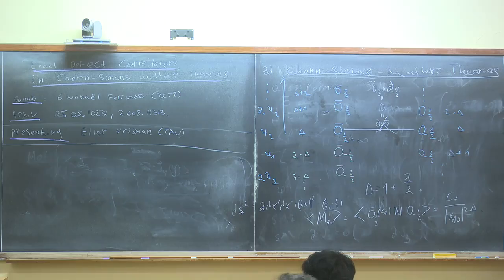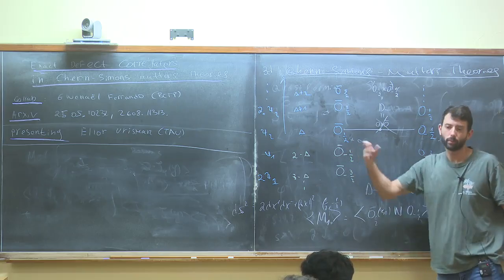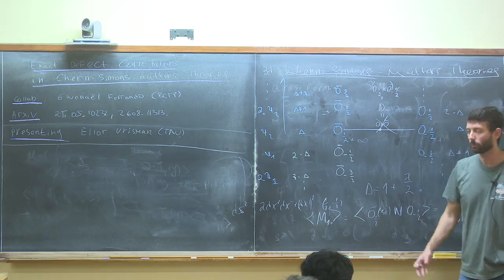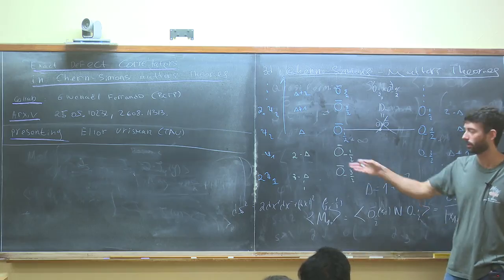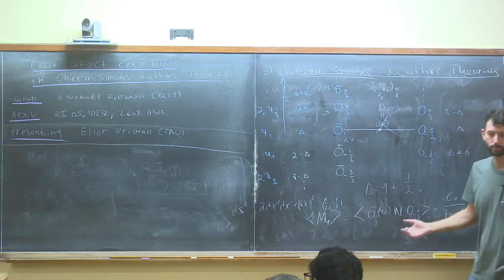I'm just saying that the displacement operator, the fact that it is 1, can tell you that it should be delta there and 2 minus delta there. Yeah, if you define one of them to be delta, the other one must be 2 minus delta. You parameterize this to be delta, then you find in field theory it is just 1 plus lambda over 2, and then this must be 2 minus delta.